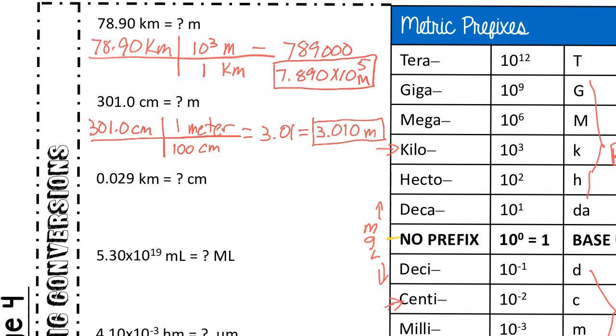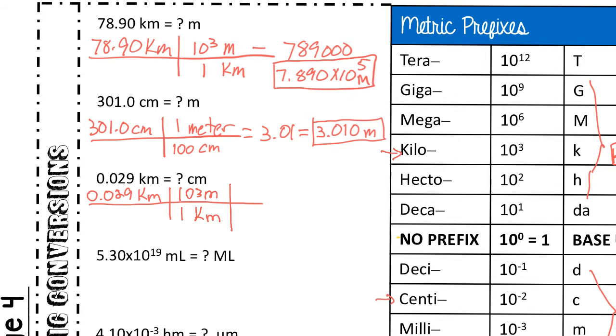On to the next. We've got 0.029 kilometers, and I'm going to go to centimeters. Well, if you're looking at these, let me go ahead and erase some of my marks here. We're going to need to go from here all the way down to here. We're going to need to cross the base unit, which means we're going to have more than one conversion factor. So I'm going to start with kilometer. 1 kilometer is 10 to the third meters.